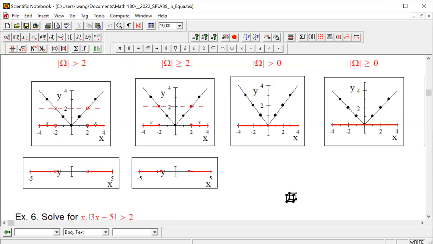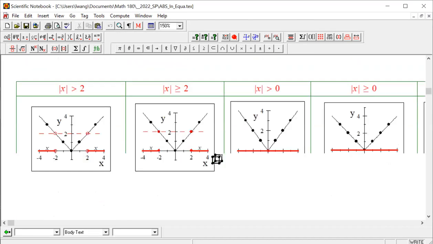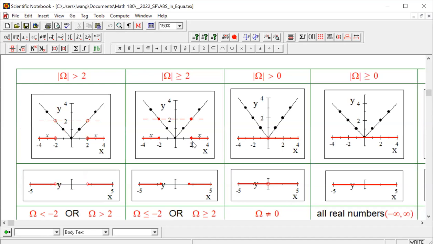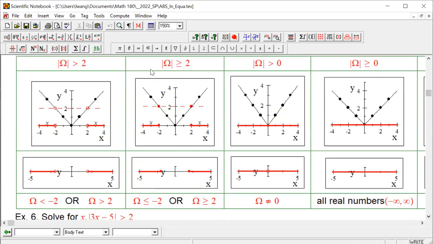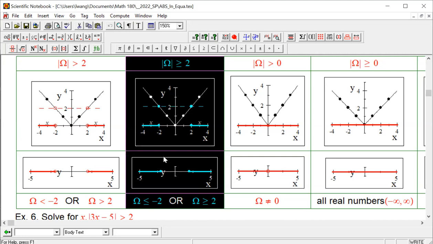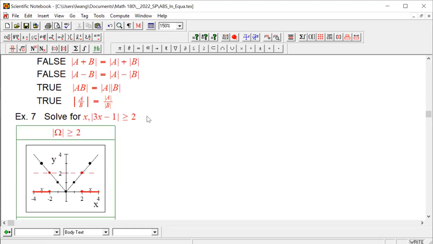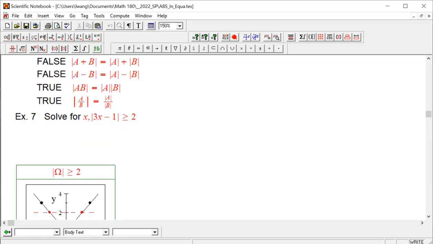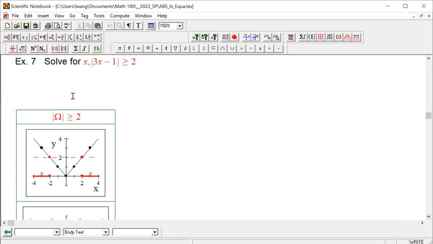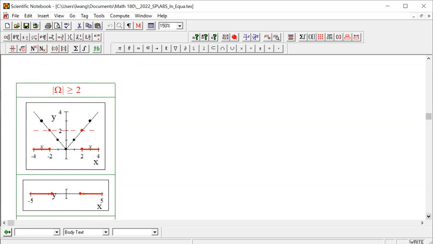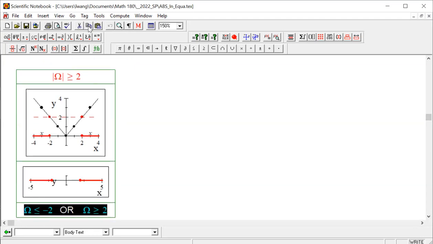And the idea is the same. Larger than or equal to 2, so we have omega. This case is a little more complicated. We have that model in our mind and we understand it. It's very important that we understand it. Once you understand it, the rest is just applying it. So this is our omega. And we know the absolute value: if the absolute value of omega is at least 2, then omega would be either case or case.